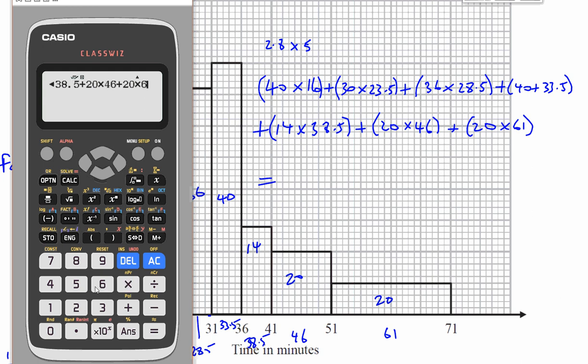It's very important to write all your steps down, because if you do make a mistake, your steps are all there, so you won't lose too many marks for that.